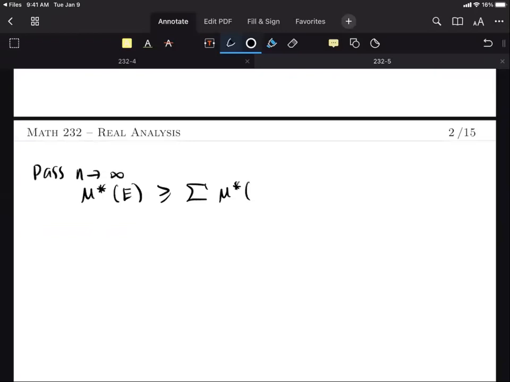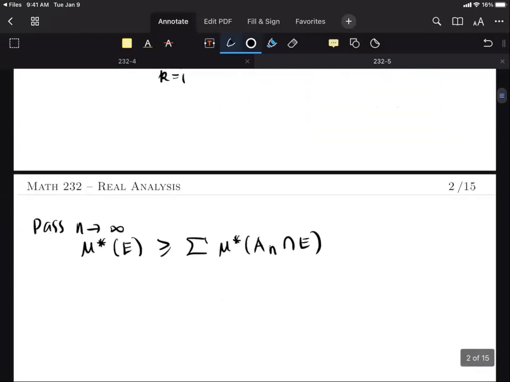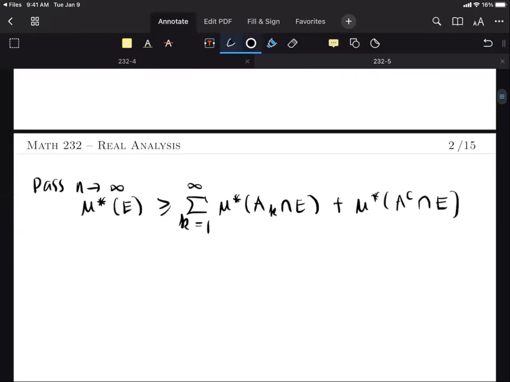So this is the sum of the outer measure of A sub k intersection E, k from 1 to infinity, plus the outer measure of A complement intersection E. And here, let us apply the sigma subadditivity of the outer measure.